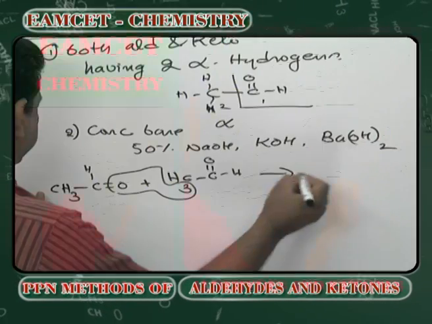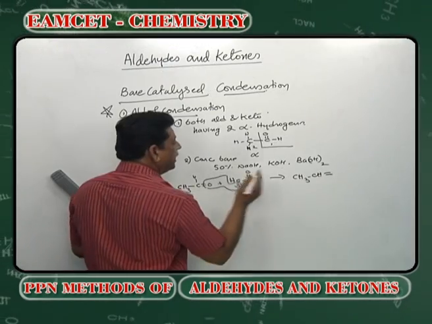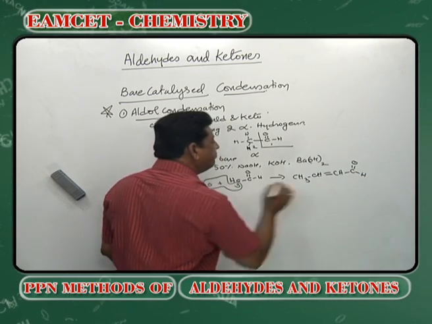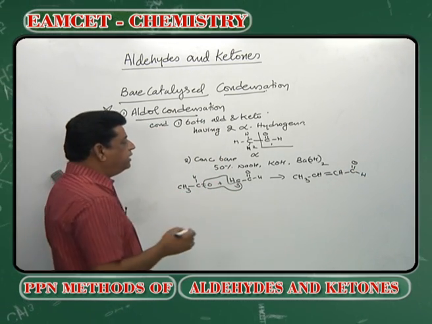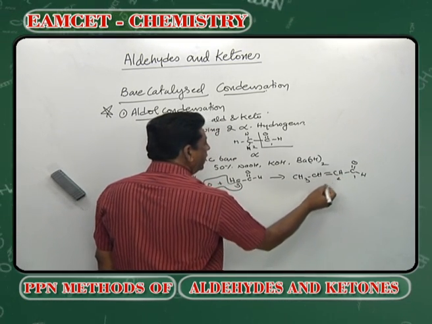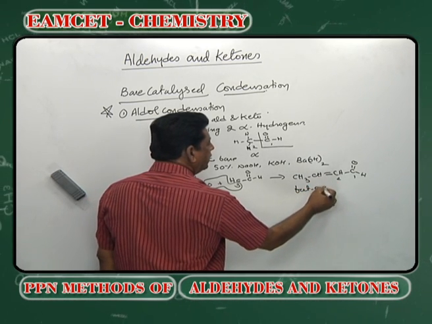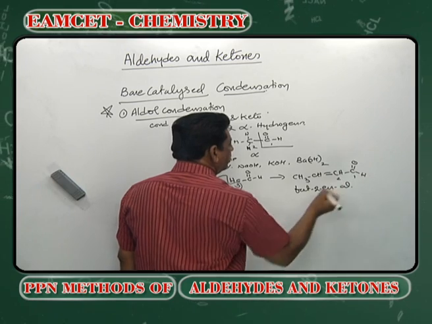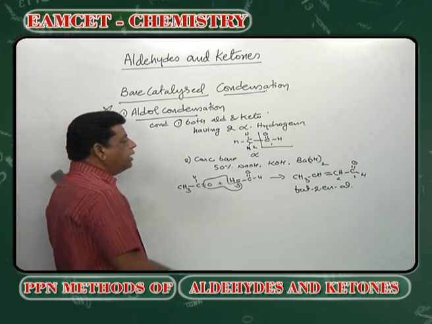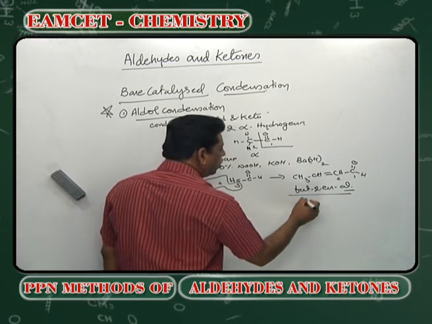So the net product is CH3, CH, a double bond between this and that, and then you write CH and C double bond OH. This is the final compound. It is named as but-2-en-1-al, with the ene on the second carbon. So but-2-enal, an aldehyde, is formed. This is also called crotonaldehyde.